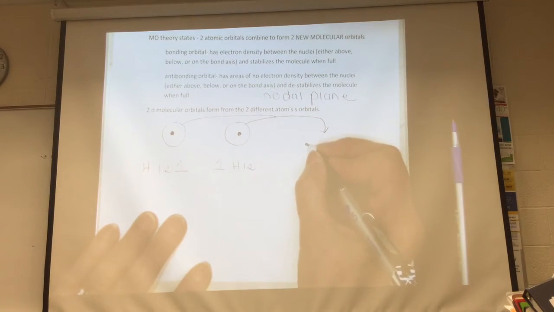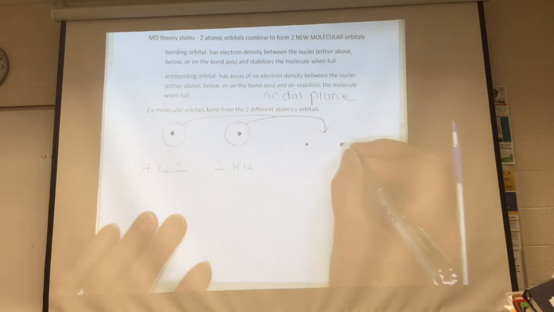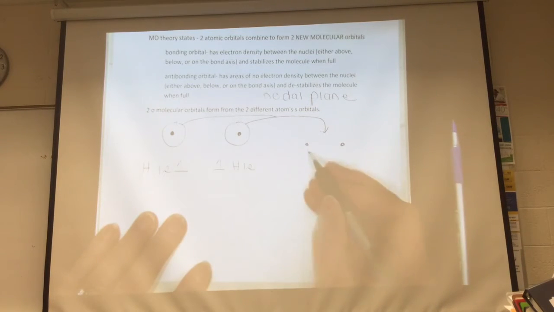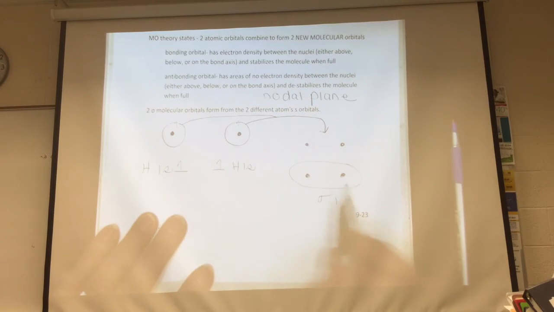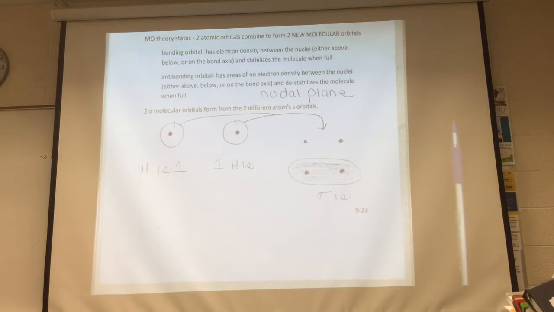Now, these are the same two nuclei, and I've just transposed them over here. These two nuclei are now here, and this is another view of those same two nuclei. So the first orbital that we make is called the sigma 1s. And this encompasses the nuclei, and it has electron density surrounding and between the nuclei on the bond axis.